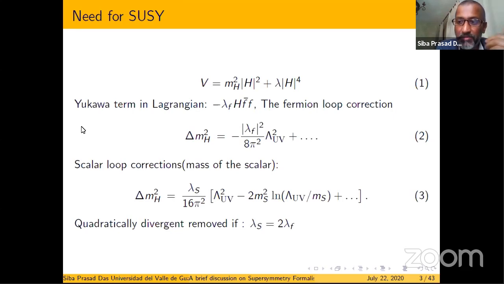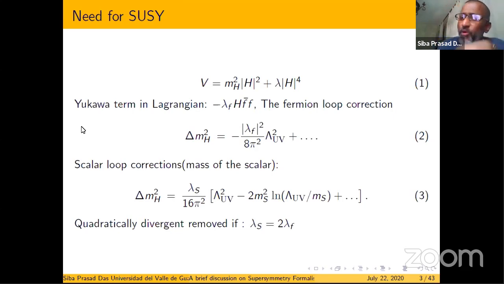When electroweak symmetry breaks, the Higgs gets the vacuum expectation value v, and this Yukawa term gives lambda_f times v times f-bar f, which is a Dirac mass term for any fermion, for example the top quark and bottom quark in our case.